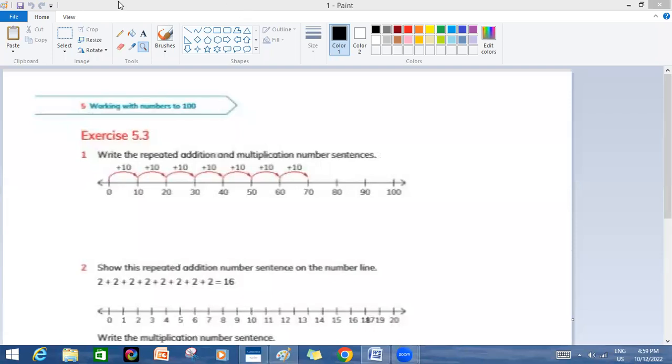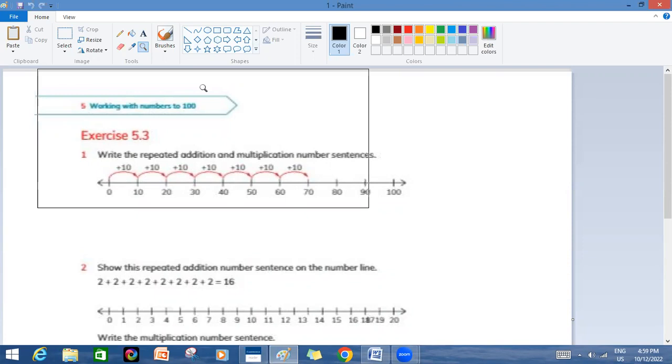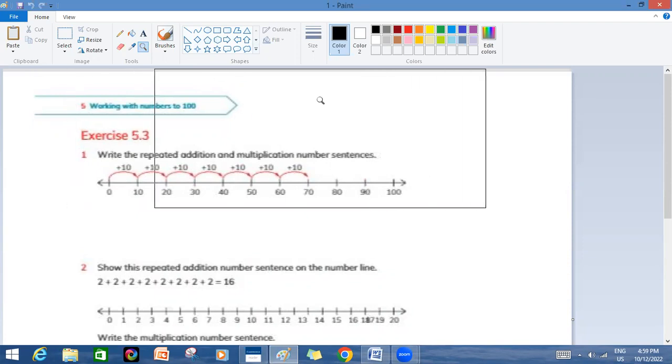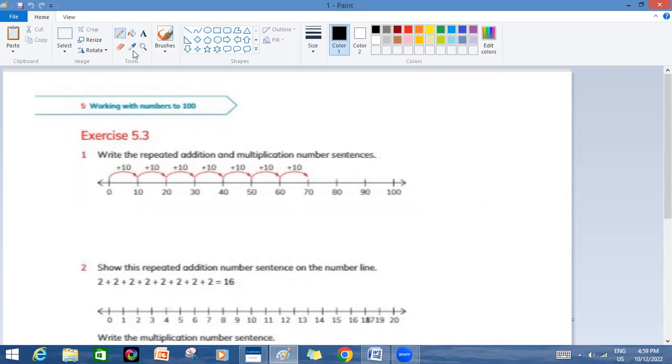Welcome, boys. In the previous lesson, we learned about addition, in which we use the plus sign. And second, we learned subtraction, the minus sign.